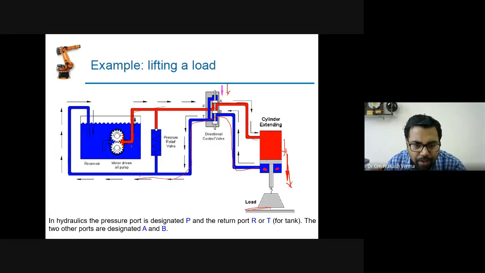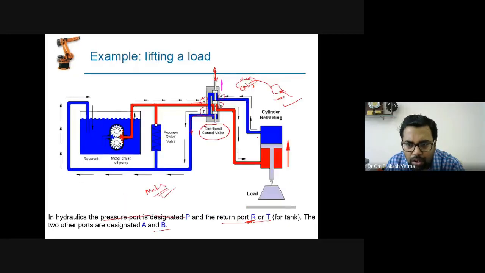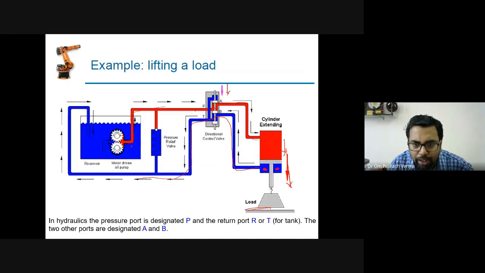Okay, second, let's say we have to lift the load. So the force is going from this side. Look at this one, port B is open, so it is going from P to B. The transmission is going from P to B. In this one, it is P to A, right?